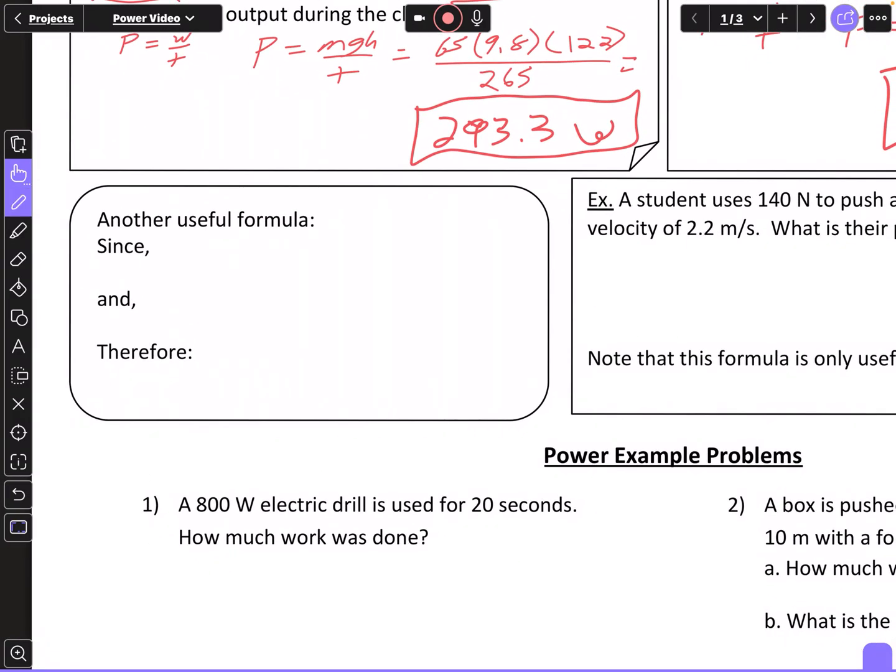Okay, another useful formula. There is another formula we can use.